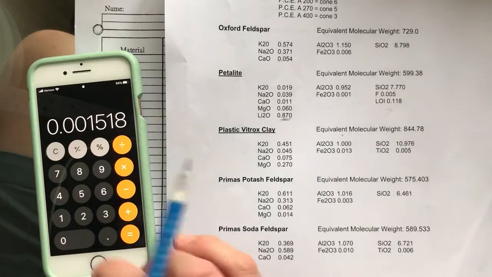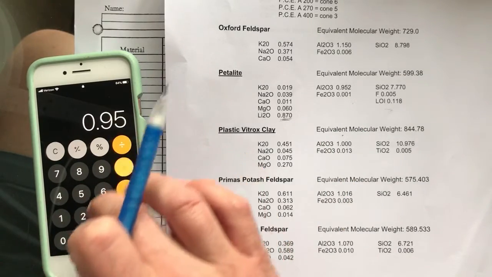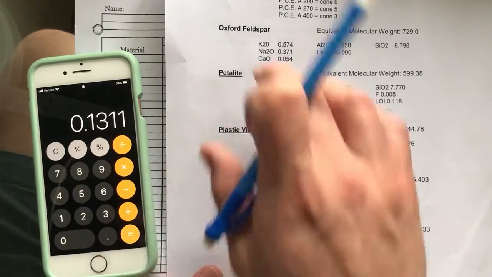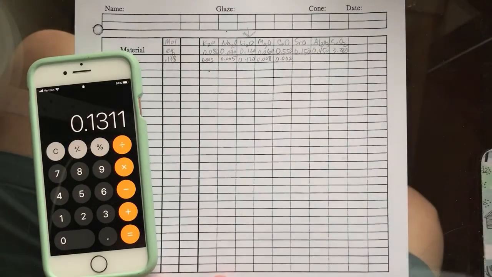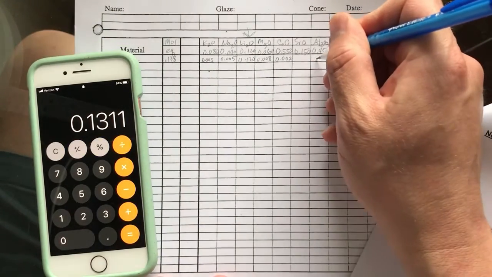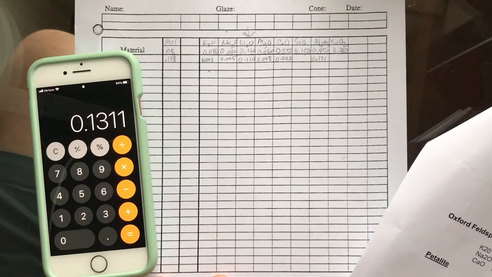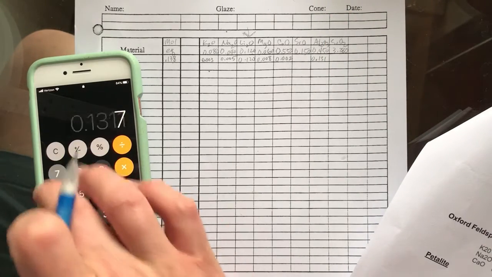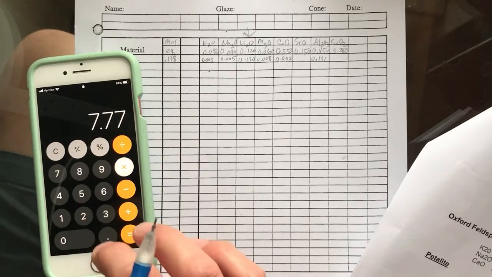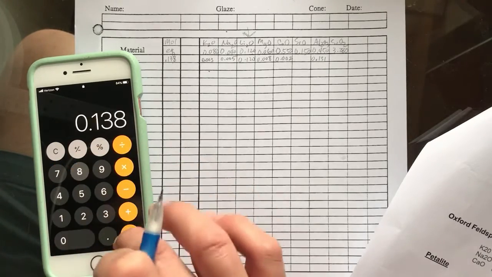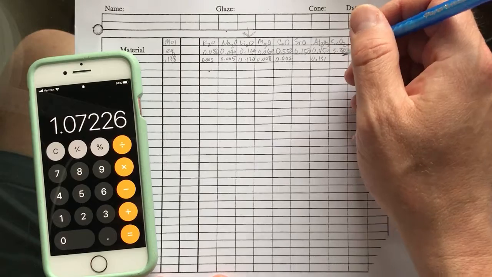Okay, so 0.952 times 0.138 is 0.131. And then 7.77 times 0.138 is 1.072.